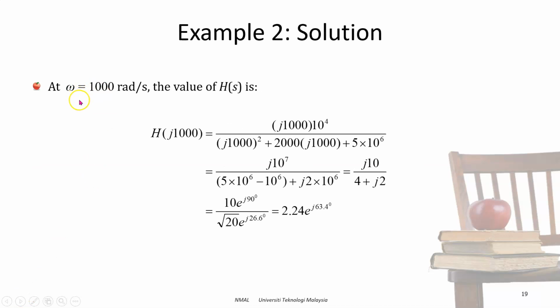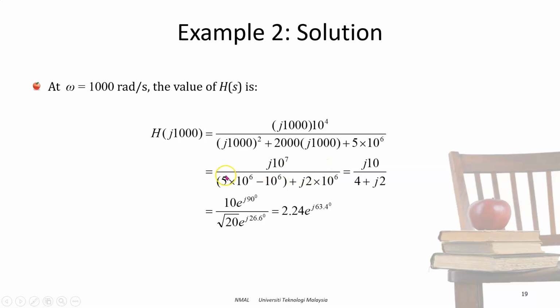First, you evaluate at omega equal to 1000, and you replace the value of s with j omega, where omega in this case is 1000. Replace with j1000 for each occurrence of s, and solve this. You can check it back if there is any typo mistake here.